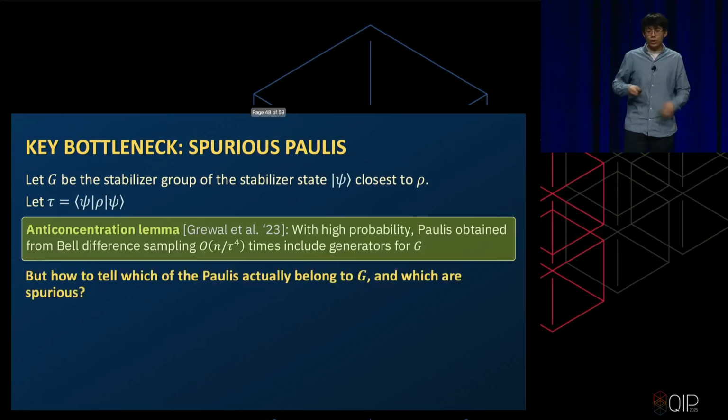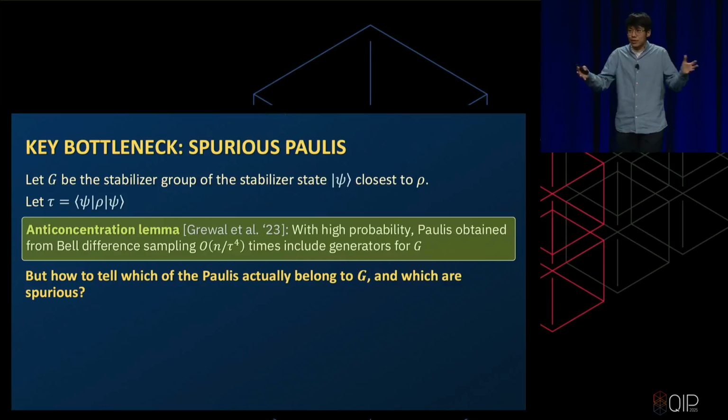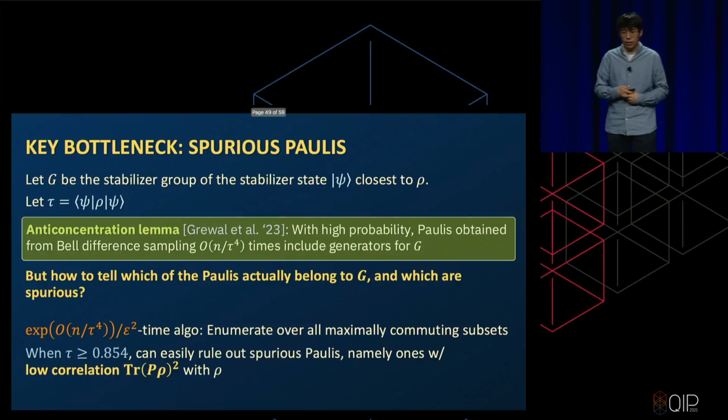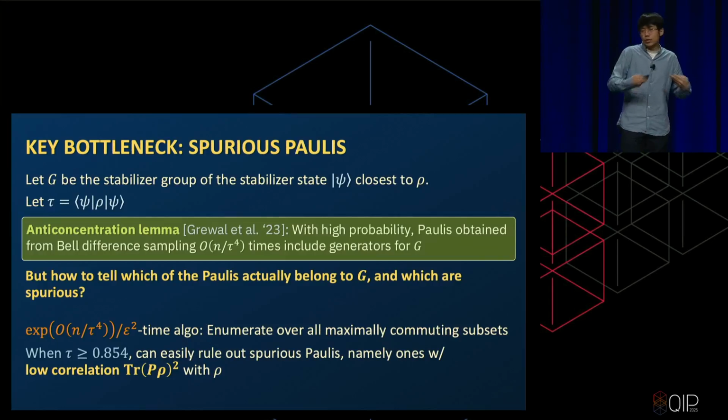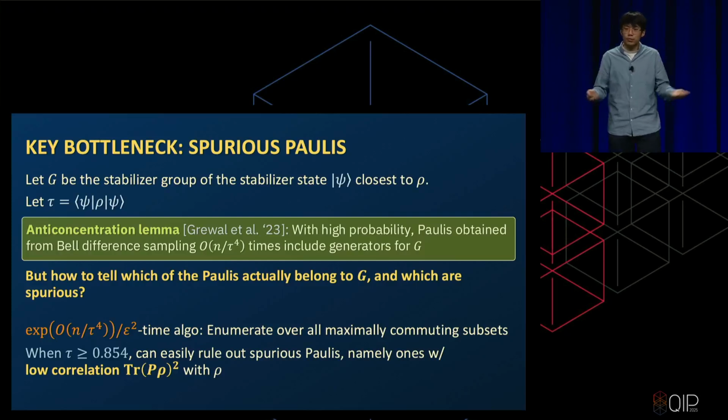The issue is that I also will produce a bunch of Paulis that are essentially junk. And I don't know a priori which Paulis are good and which actually correspond to elements of my stabilizer group. Now these guarantees start to make a bit more sense. If I'm willing to run in exponential time, there will be ways to enumerate over, for instance, all maximally commuting subsets among my Paulis, and thus find the stabilizer group.